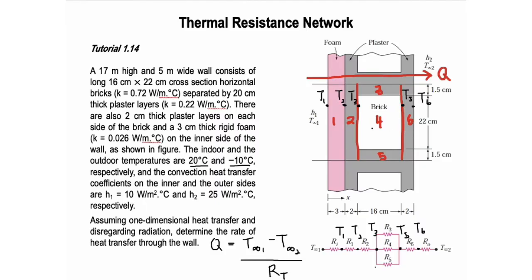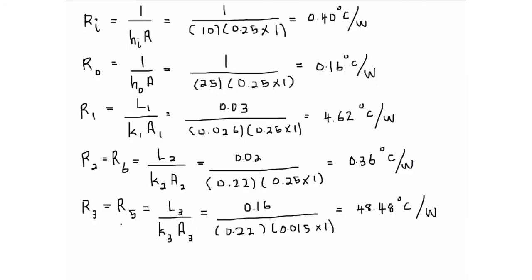So the one left is R4. R4 is made from brick. So L4 is 16 centimeter, right? So 0.16.